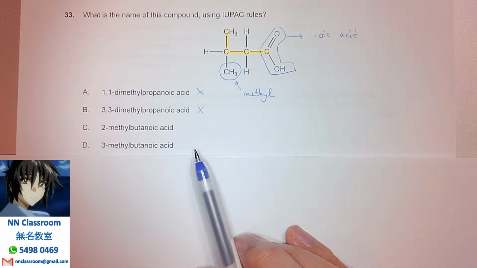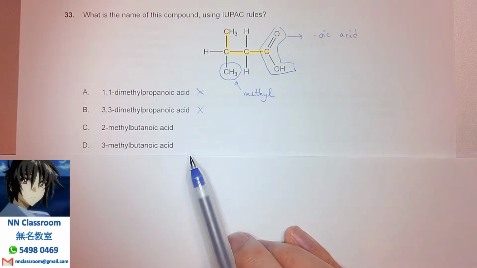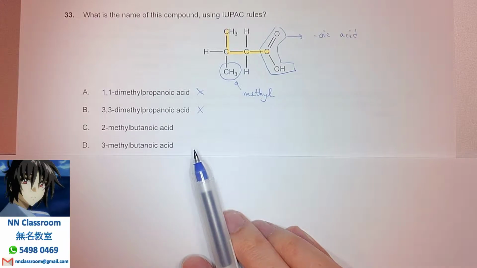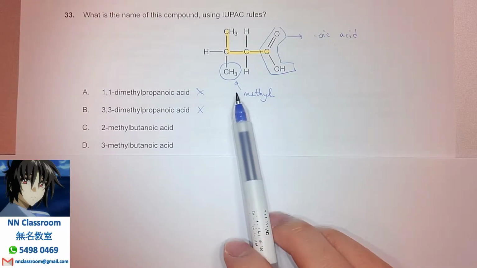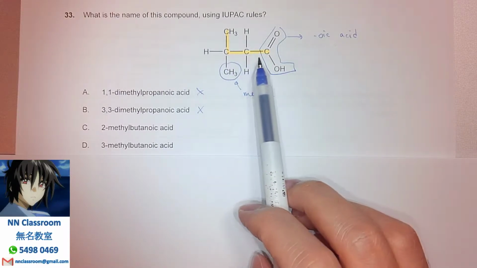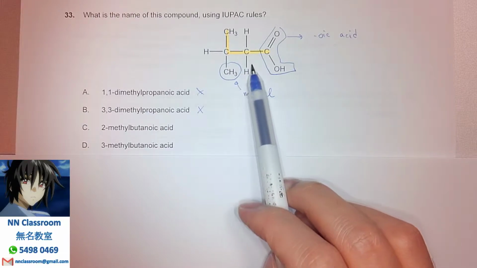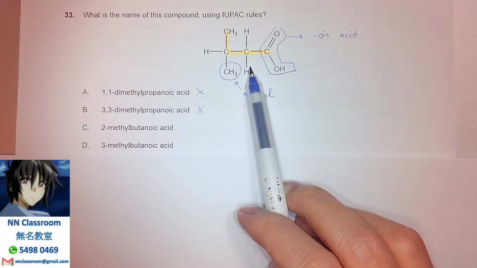And finally, the final step in naming is whether we put a number. Remember, a number is only put when it is necessary. In this case it is necessary, because if we don't label the position of the methyl, it can be put in a position like here, one carbon closer to the functional group.